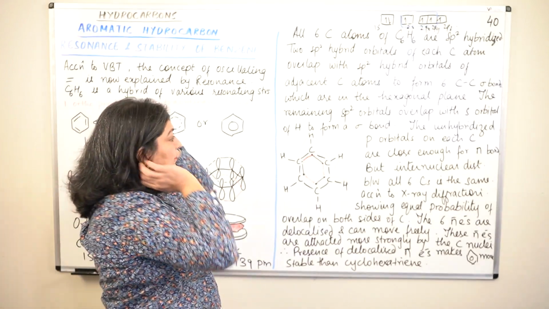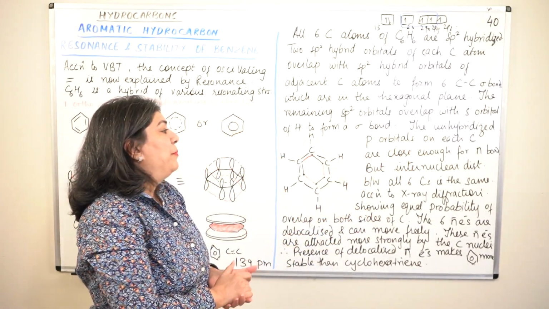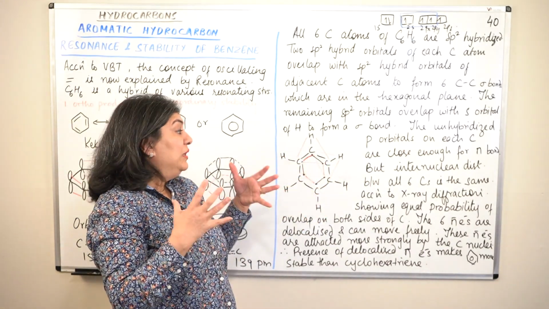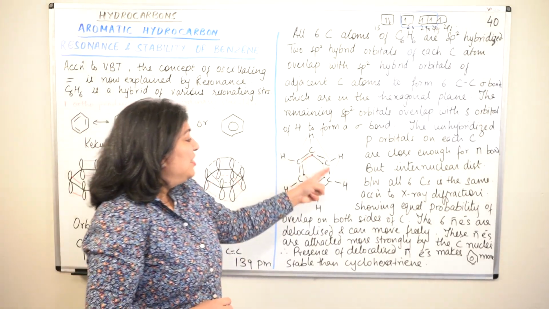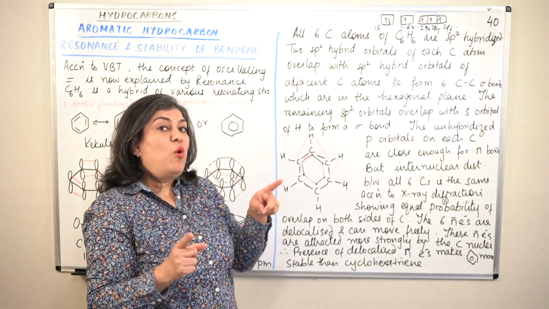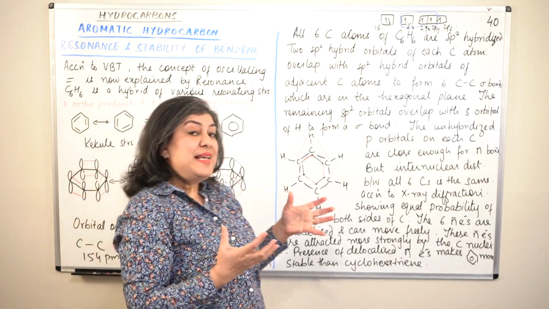So they do. The unhybridized p orbitals on each carbon atom are close enough for a pi bond, but the internuclear distance between all the carbon atoms is the same, which is 139 picometers. Since the internuclear distance between all the carbon atoms is the same, the distance between all the dumbbells is the same. And this has been seen.